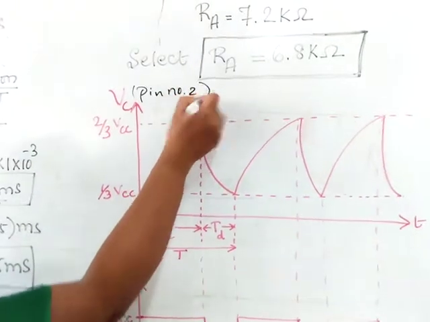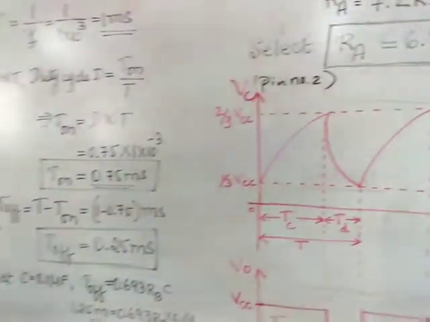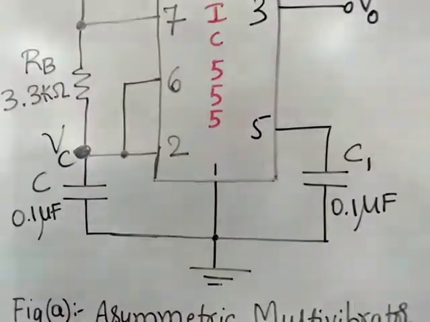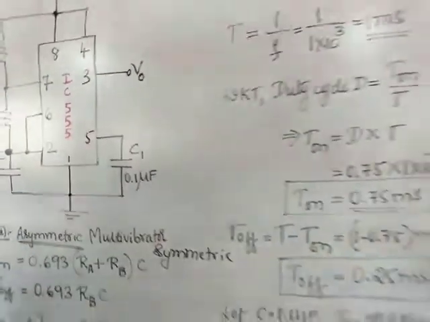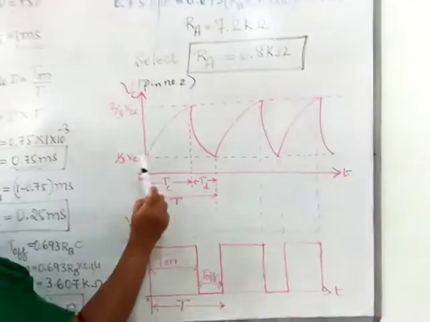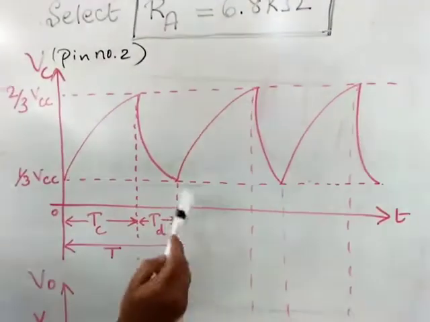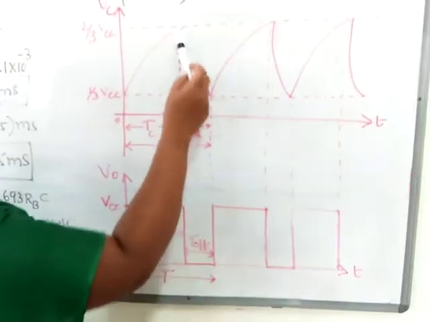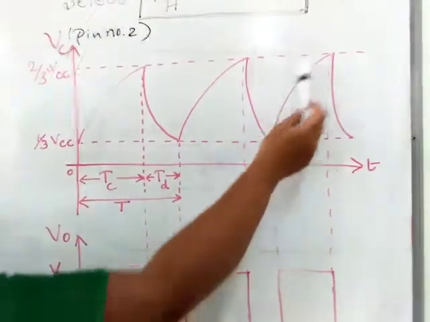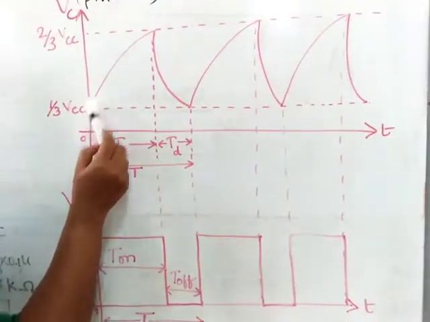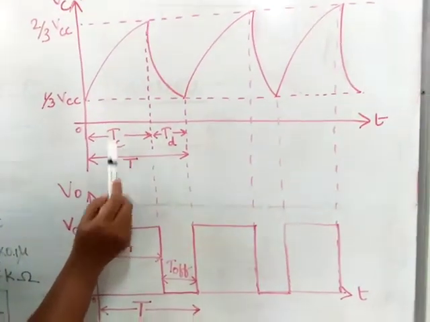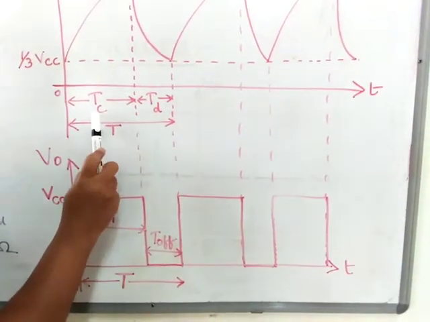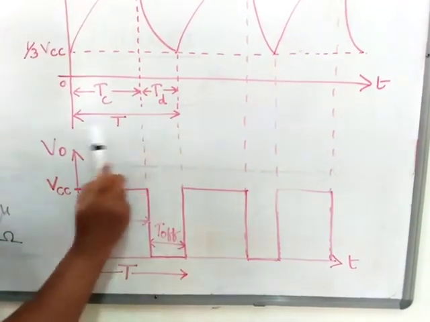That means if you keep the probe at this point, you can get the waveform of VC. This shows the charging and discharging of the capacitor. Charging time is denoted by TC and discharging time is denoted by TD. So TC plus TD is equal to one period.